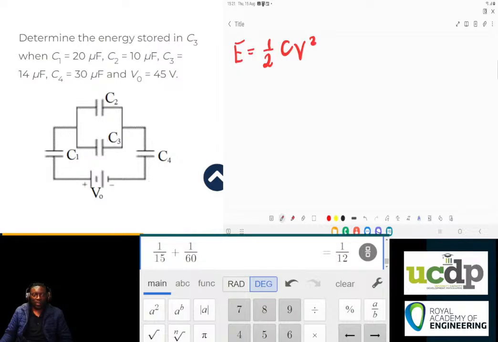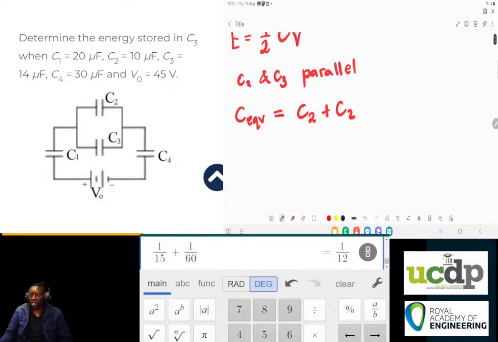So for our total capacitance, we know that the two capacitors that you have identified as C2 and C3 are parallel capacitors. As such, their equivalent capacitance, C equivalent, is equal to capacitor 2 plus capacitor 3. That's for parallel capacitors.